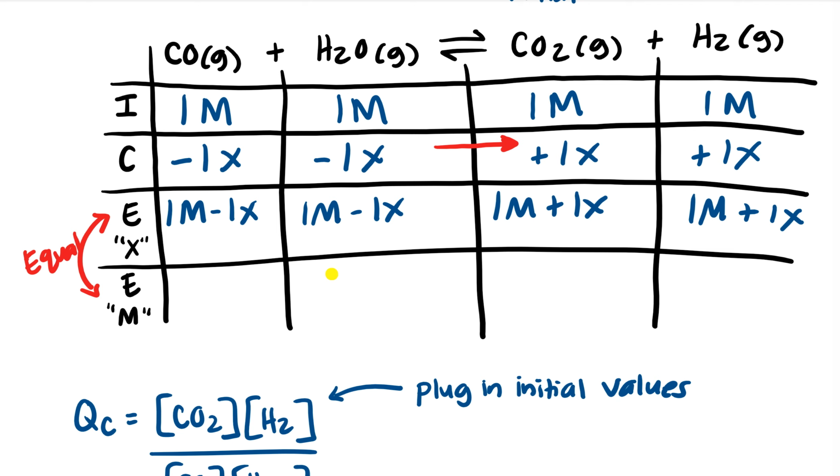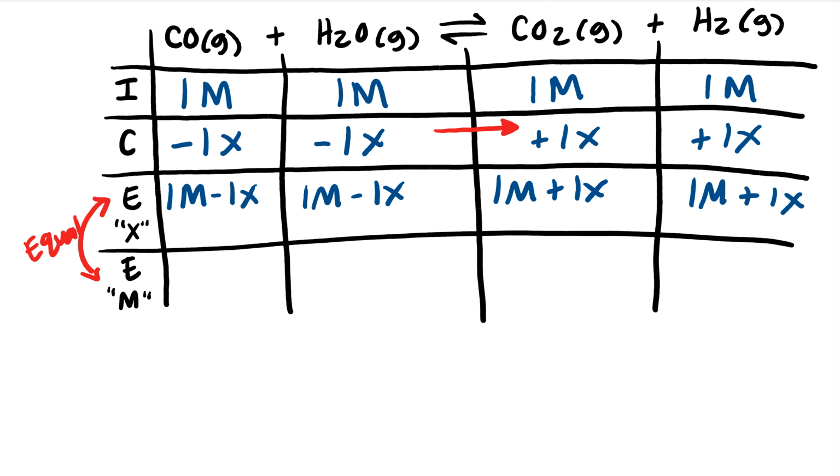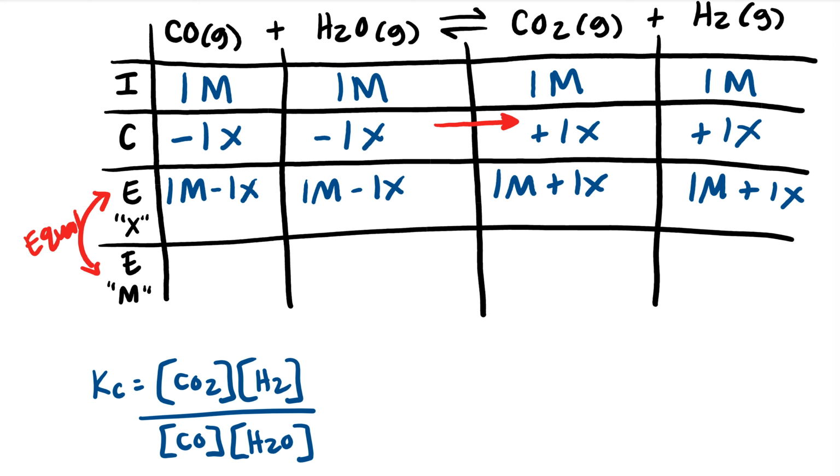So there must be another way for us to calculate X. And that's through the equilibrium constant expression. So I'm going to write out my Kc expression. I'm going to plug in the numerical value for Kc, 5.10.